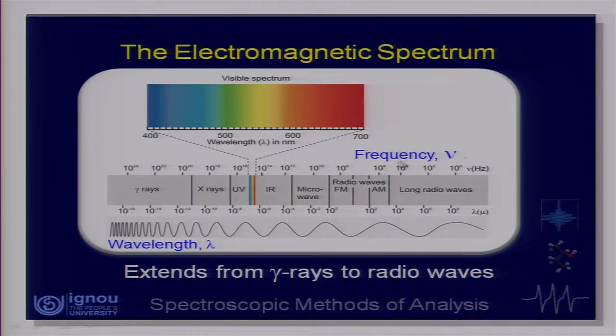And the second thing we can see from here is that frequency and wavelength are inversely related. We see that the frequency is increasing in one direction and the wavelength is increasing in the other, which is also depicted here. We will talk more about it when we discuss the different kinds of spectroscopies.